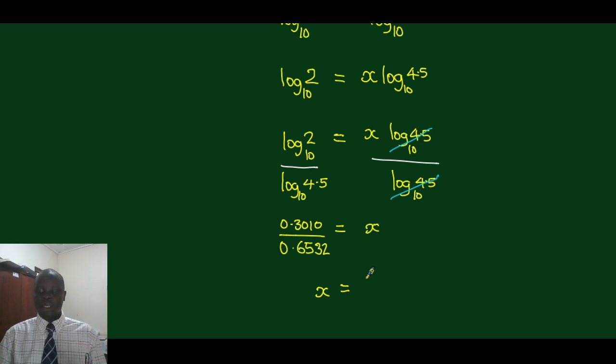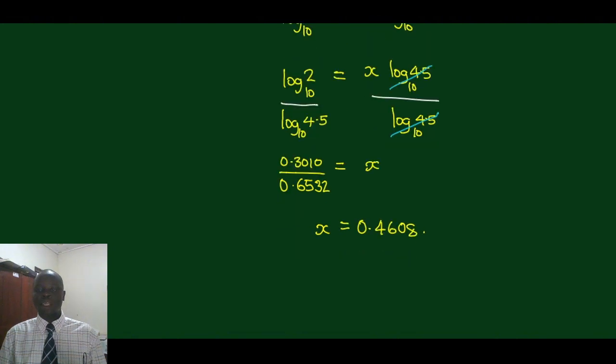Okay, we get 0.4608. We need this to 2 decimal places, so we can approximate by rounding, and we have x is approximately 0.46.